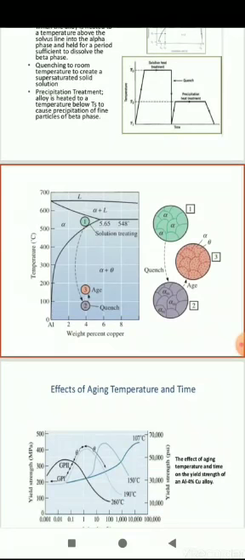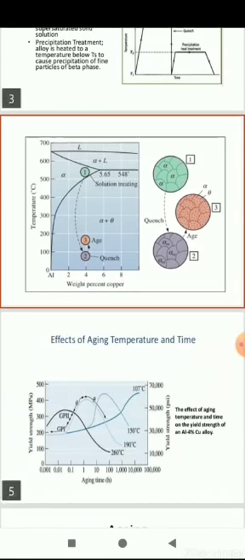After that, step number 3 is the age hardening process. In age hardening, we have to keep the material in the furnace at nearly 125 degrees centigrade for 24 or 36 hours, depending upon the furnace capacity.